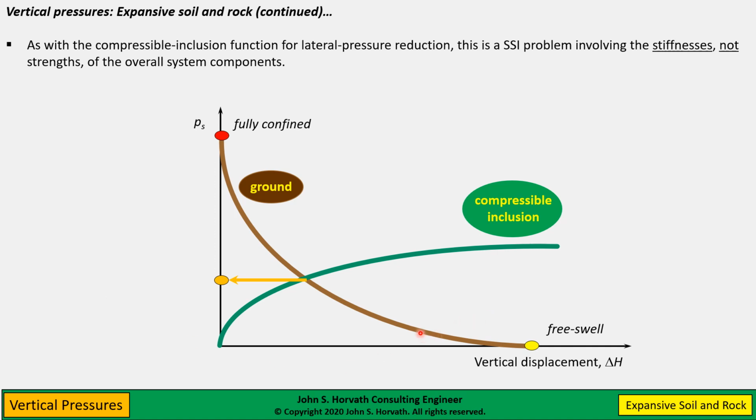And although we're not able, in general or in principle, to change the ground response, of course the compressible inclusion is something we can design. But again, the challenge here is this compressible inclusion. It can't be extremely compressible. It's got to have enough stiffness to be able to construct the slab.